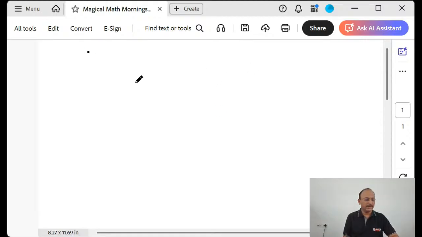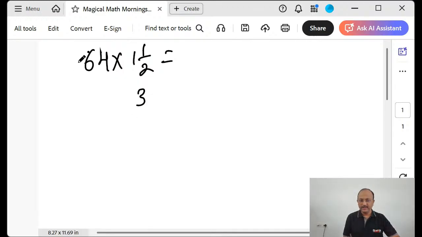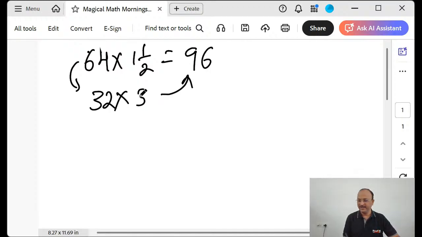Let's take with 1.5. 64 into 1.5 we'll take. What is 1.5 doubled? It is 3. 64 half is 32. 32 threes are 96. Isn't it? We can use with 1.5, 2.5, 3.5, 4.5, 5.5.